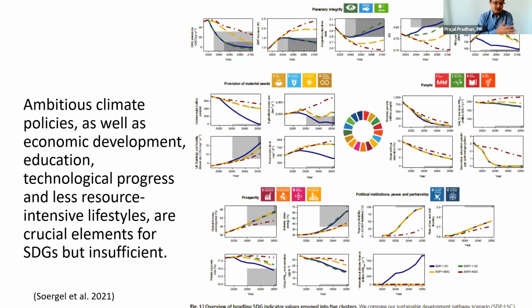If you go for RCP 2.6, there will be less global warming and so on. This is the whole purpose. And as I mentioned earlier, all models are in a way wrong, because it's not an exact prediction, but some are useful if used in a wise way to make informed decisions to change things.